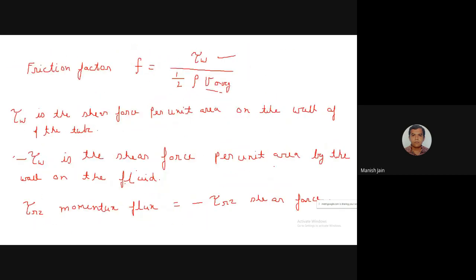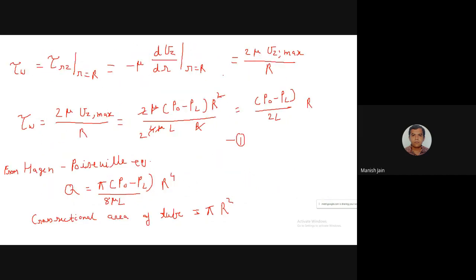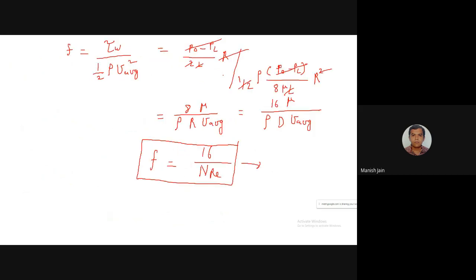One minute, wait. Here it will be rho dv squared only, right? 1/2 rho v average squared. And when you substitute the value of v average, you have to substitute only one value of v average, right? So rho v average multiplied by v average.